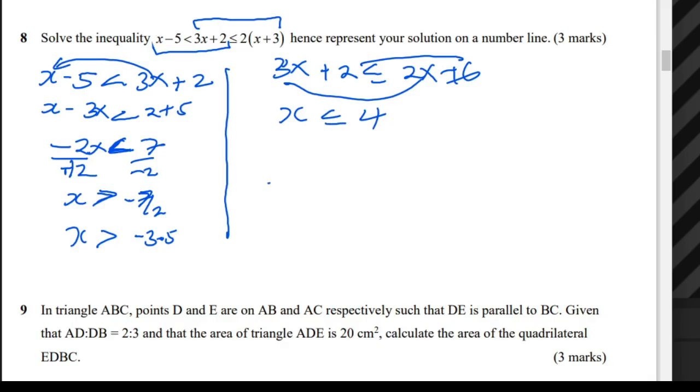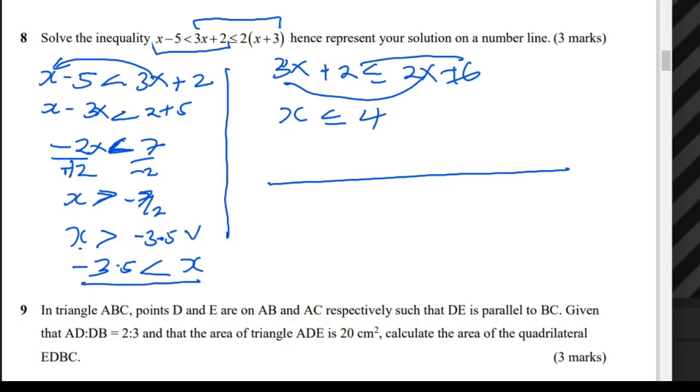We can combine these two. This one is the same as negative 3.5 is less than x. So we will have negative 3.5 is less than x, and x is less than or equal to 4.